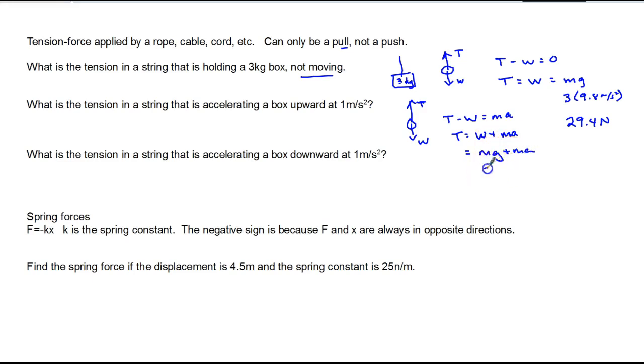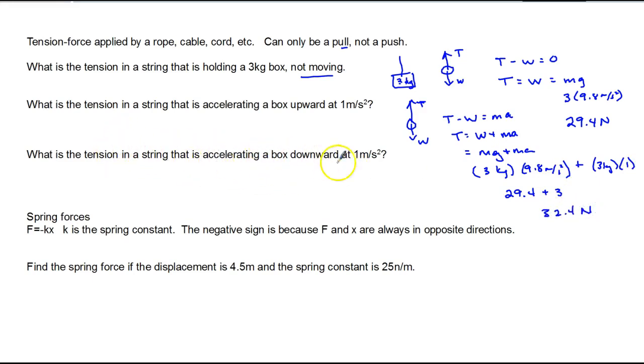And so it's the same box, 3 kilograms times 9.8 meters per second squared. And I know from up there that's equal to 29.4 plus 3 kilograms times the acceleration, which is 1, plus 3, so 32.4 newtons.